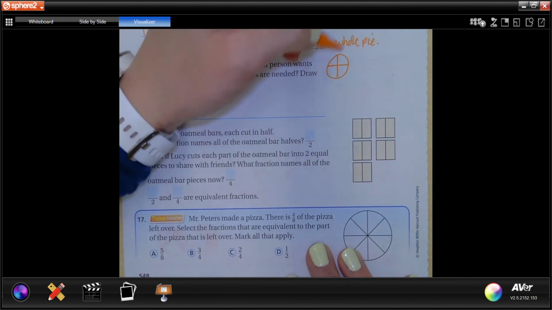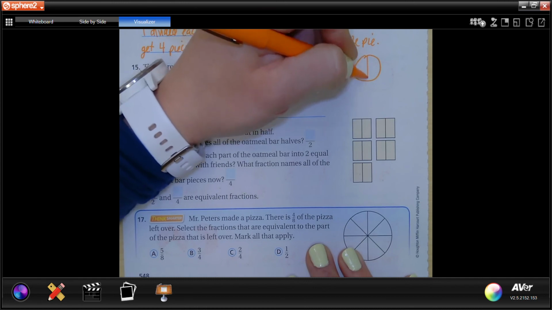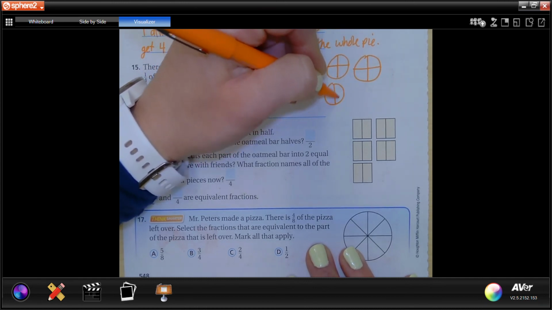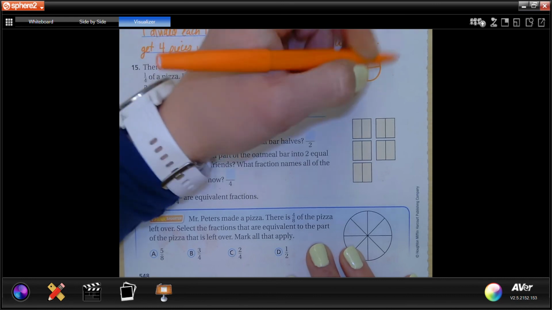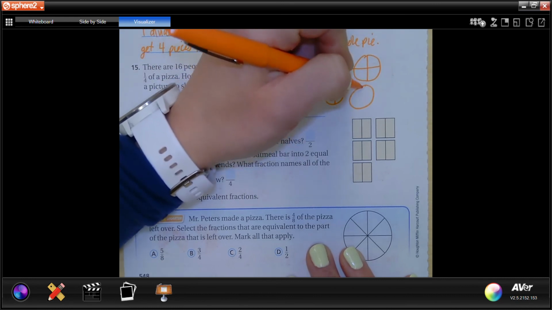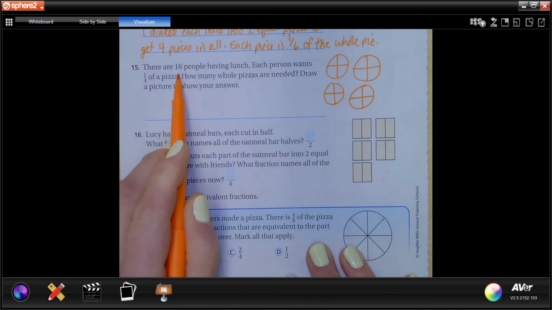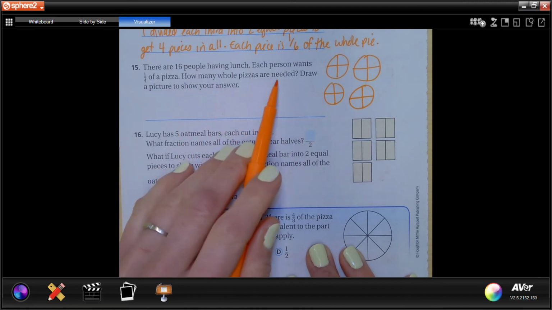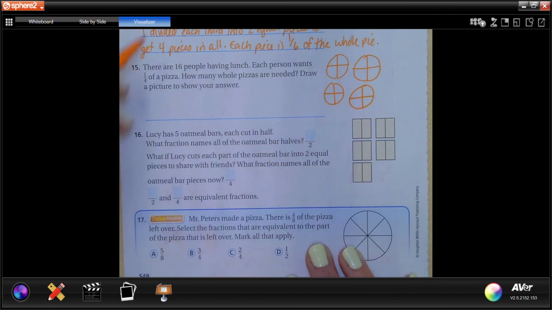So 1, 2, 3, 4, 5, 6, 7, 8, 9, 10, 11, 12, 13, 14, 15, 16. 16 people, each wants 1 out of 4. So how many whole pizzas are needed? 1, 2, 3, 4 pizzas.